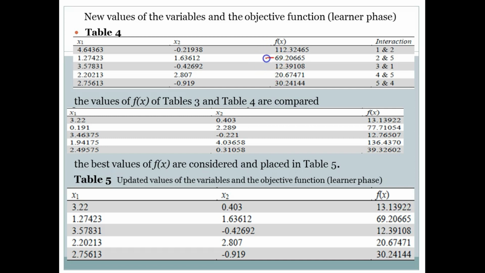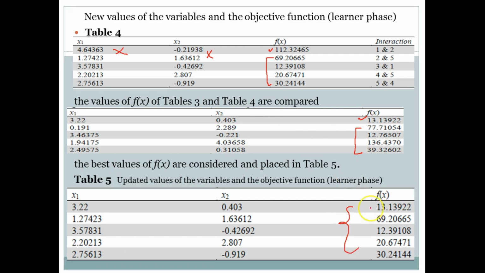So here these values are all improved compared to the previous values of learner 2, 3, 4, and 5, but only the learner 1 value shows no improvement, so we'll not consider this result for the next iteration. So this is our final.